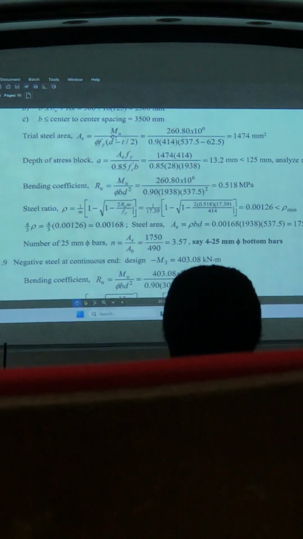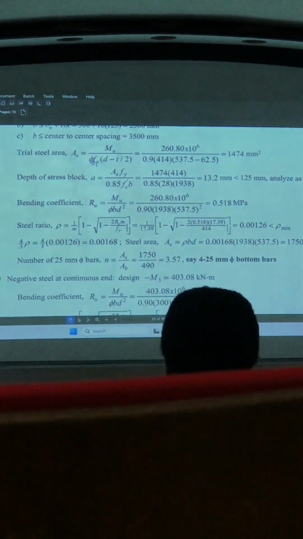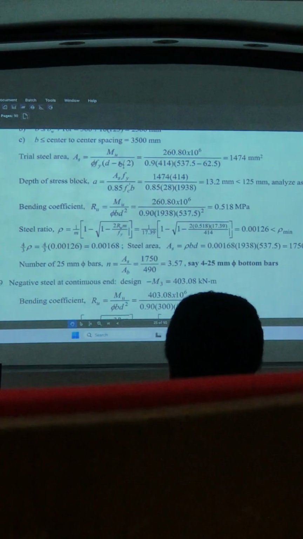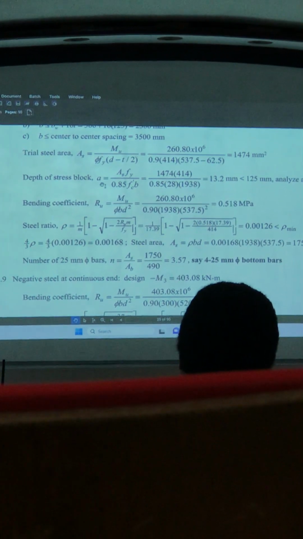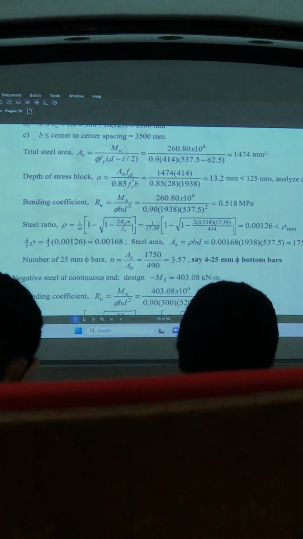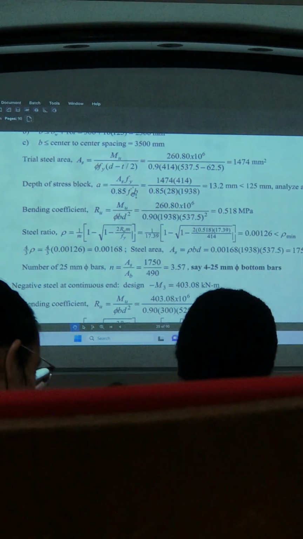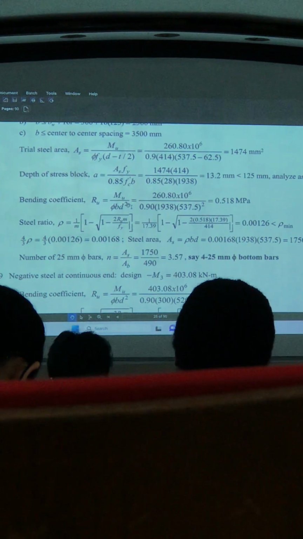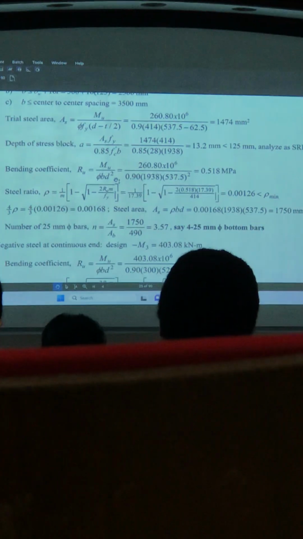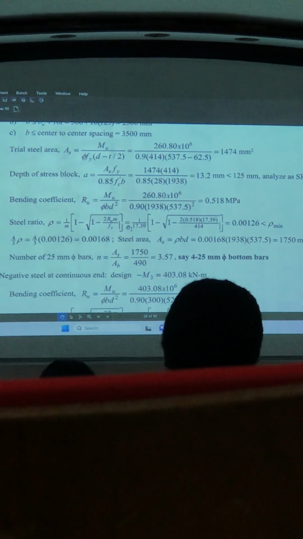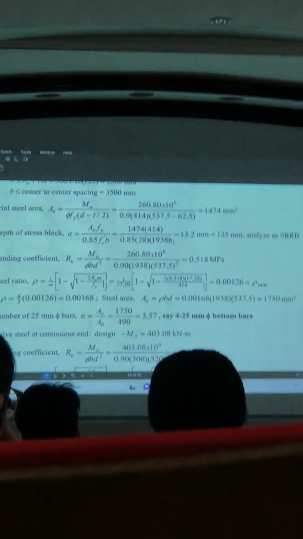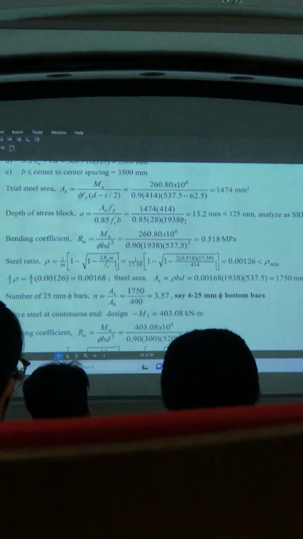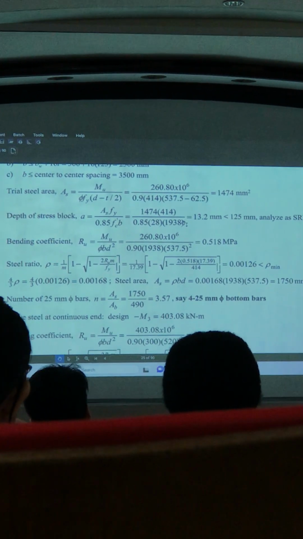MU is the design moment at midspan, d the effective depth, T the thickness of the slab. Then we get the depth of the compression block, A equals As fy over 0.85 fc' b. Then the coefficient RU equals MU over phi BD squared, then the steel ratio rho. After computing A, we compare whether A is greater than T or less than T.